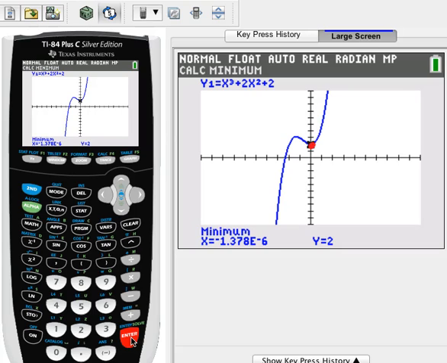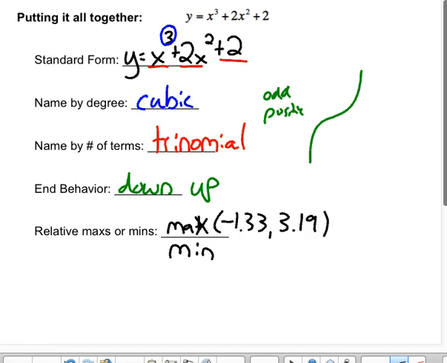Now this, if you ever get this, e to the negative 6. So essentially this is a very awkward scientific notation. What your calculator is really trying to tell you is that it's occurring at 0. Okay? So that mumbo jumbo, sometimes the calculator just confuses itself. So that is really 0 and 2. Right? So we have a min occurring at 0, 2.